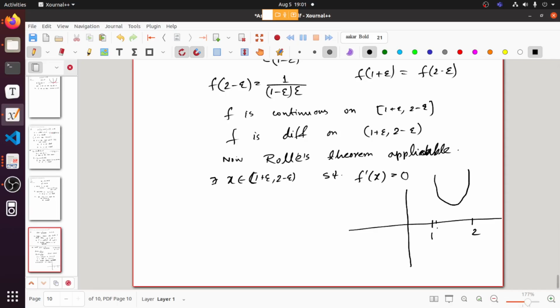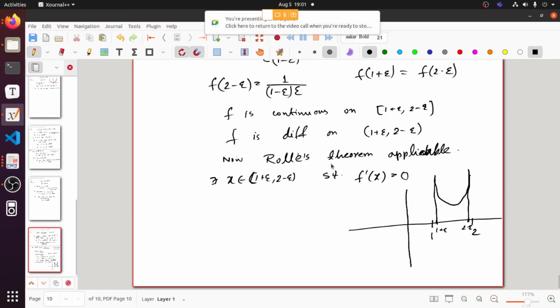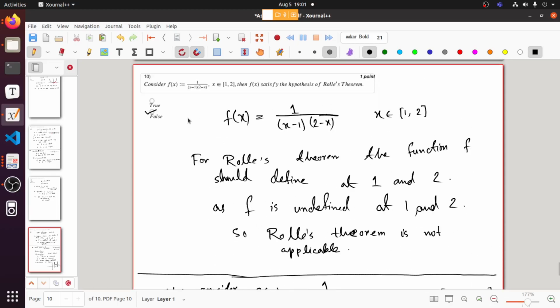Whenever you take 1 plus epsilon and 2 minus epsilon, this function is well defined, and now you can apply Rolle's theorem. You can always find x such that the derivative will be 0. So you can apply it in the region 1 plus epsilon to 2 minus epsilon, but in the region given in the question you cannot apply. So the answer is false.